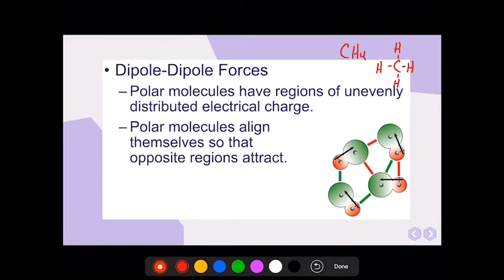And the answer was always yes, because there's a difference in the electronegativity between hydrogen and carbon. But if you guys remember, we would also ask the question, is the entire molecule polar? And this molecule here, all those polarities or electronegativities would cancel out. So we would say, no, this is not a polar molecule. Well, since it's not a polar molecule, it does not exhibit dipole-dipole force.